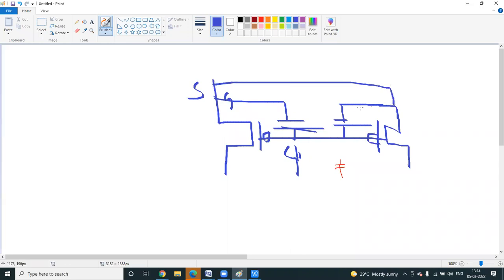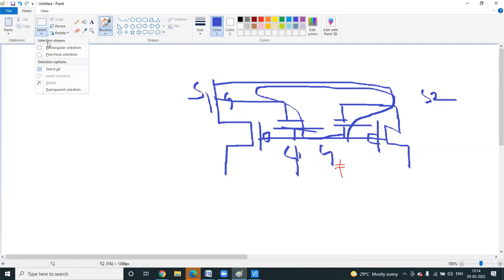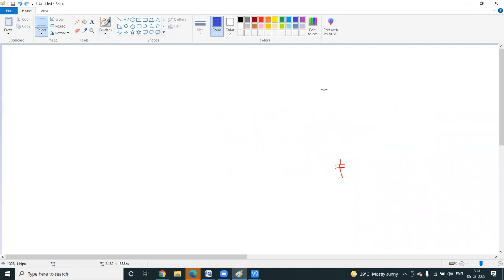I can short this point, so this potential equals this potential. This terminal is source 1, this terminal is source 2. The gate anyhow goes to one point only. Now I get it, sir. Okay. So to make the two conditions: VGS1 equal to VGS2. Second condition, gate equal to drain. So this is the minimum condition to satisfy a current mirror.